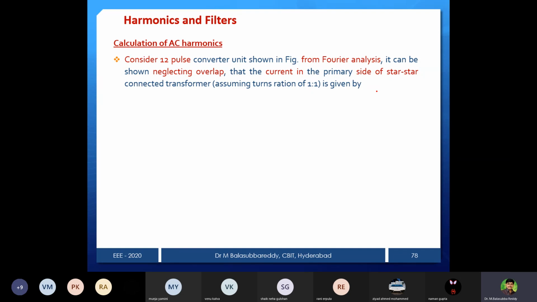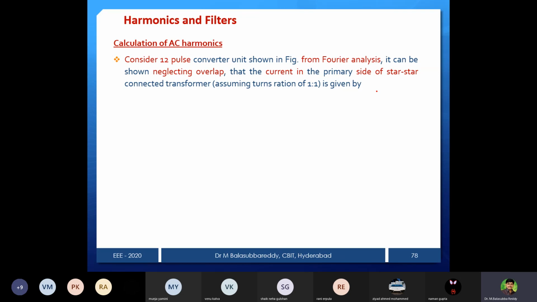And consider the 12 pulse converter, what we showed using the Fourier series by applying that waveform. In this case we neglect the overlap period. I will show that if overlap is also there, what is the modification in our equation, the current expression. But let's consider initially there is no overlap.